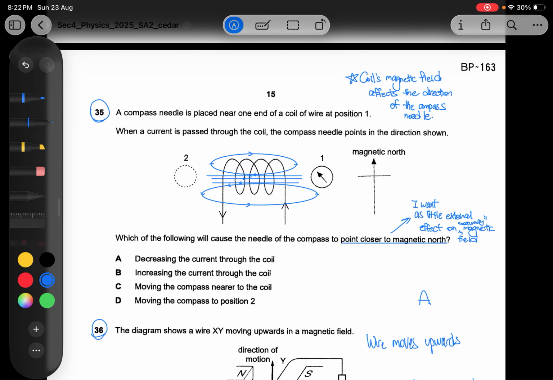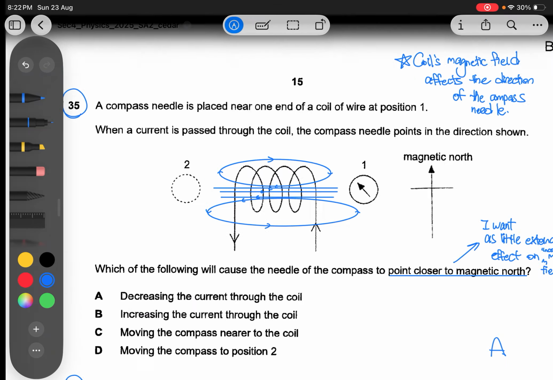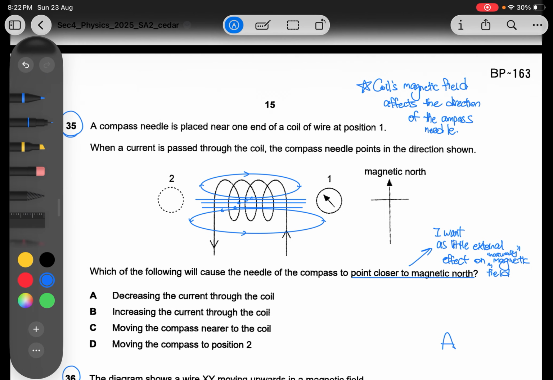And you know that down here you are given a solenoid, right? You're given a coil, right? And the coil has a magnetic field, right? I've drawn for you over here the magnetic field. Use the right hand grip rule to determine which side it is going. So the right hand grip rule will show me that it's pointing in the opposite direction. I want it to affect the compass as little as possible.